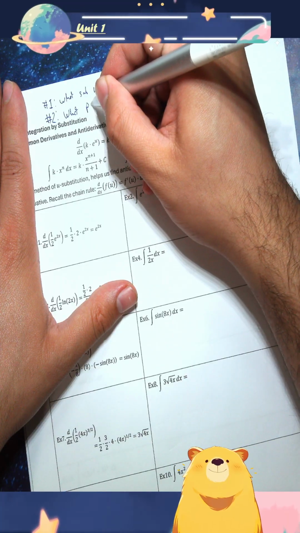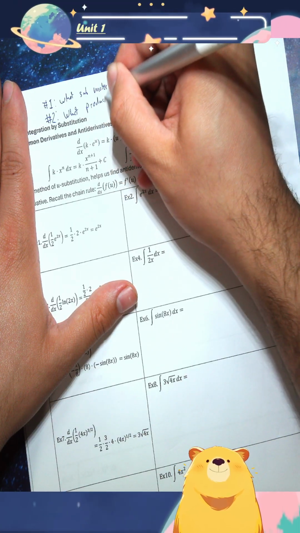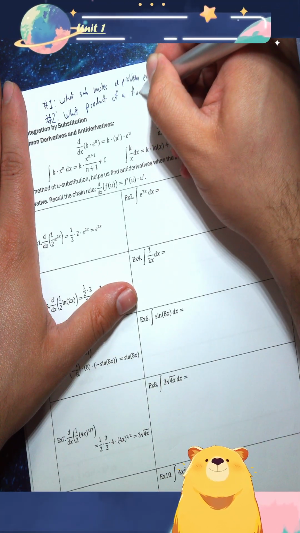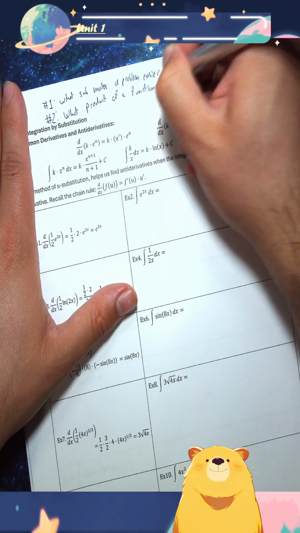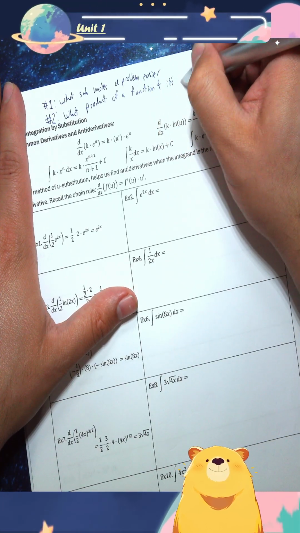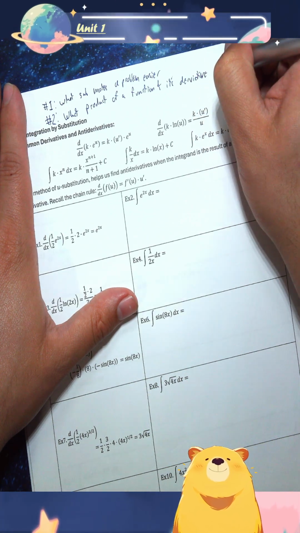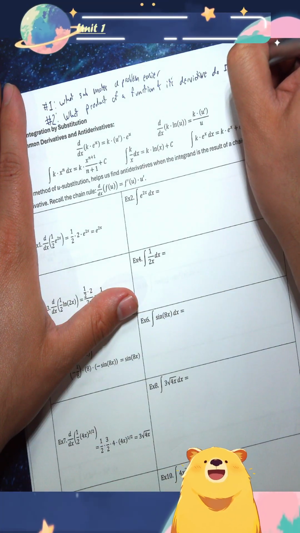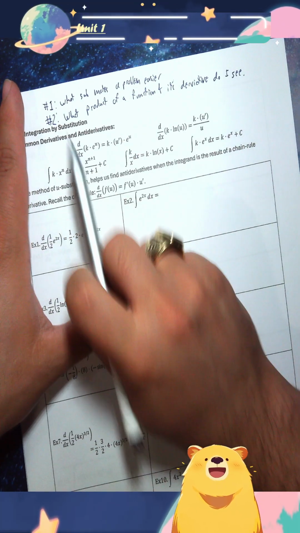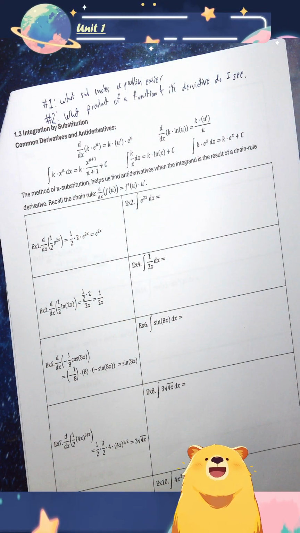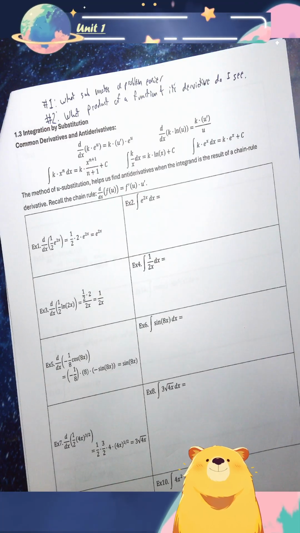what product of a function and its derivative do I see? Because the whole point of using substitution is you're basically going to be using the idea of chain rule.